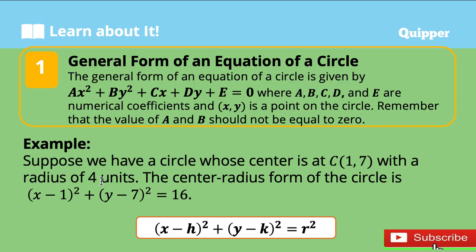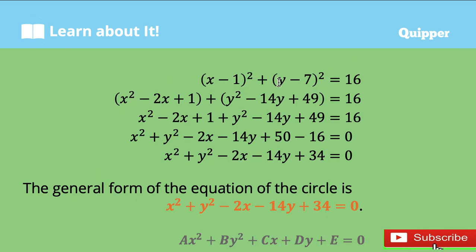To find the general form of the equation of the circle, we have to expand the binomials found on the left side of the equation. This is our center radius form and we are going to convert it into general form. Just expand the binomials.